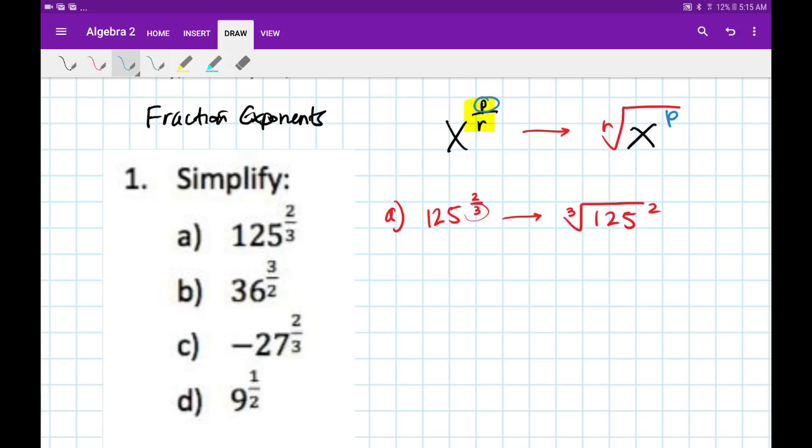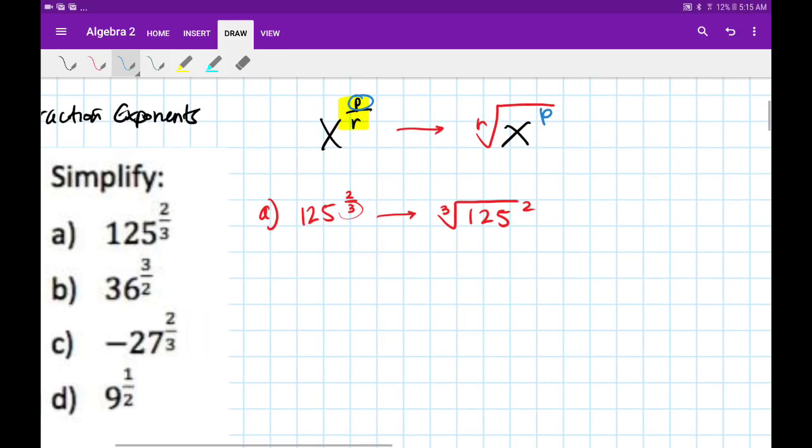Okay, so it's time to simplify this. Now, you can do it one of two ways. You can do 125 squared first and then take the cubed root, or you can take the cubed root of 125 and then square it.